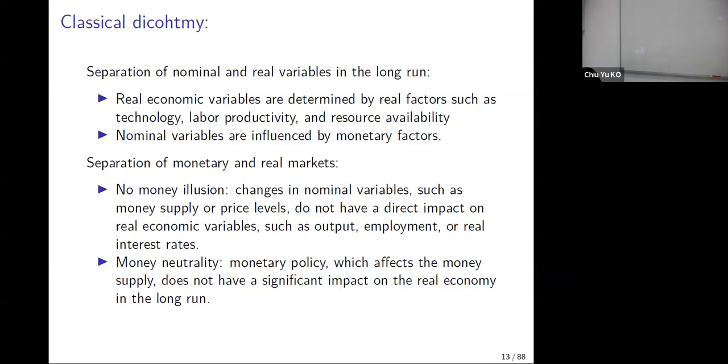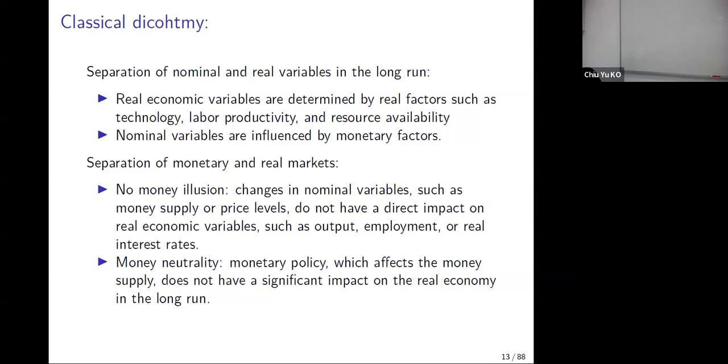Suppose the government adds a zero to a note, so $100 becomes $1,000. In the long run we will demand that our wages add a zero, and every price will add a zero. Everything is multiplied by 10, so nothing will happen.